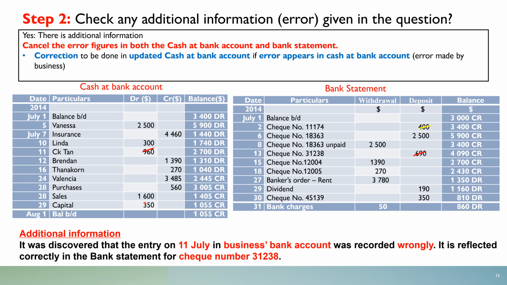But let's analyze what's wrong with this figure 960. 960 is actually extra, overstated by $270. So the business has recorded an extra 270 on the debit column. So later on, when we prepare our updated cash at bank account, we will need to deduct $270, and this deduction will be shown on the credit side of the cash at bank account. All right.